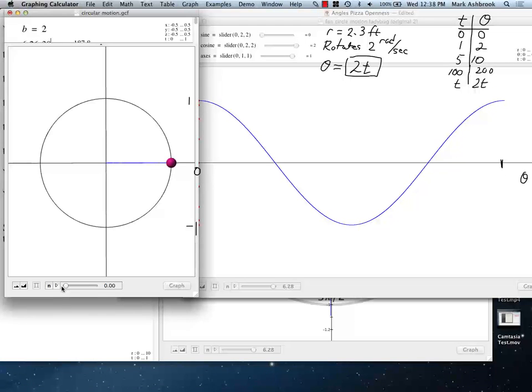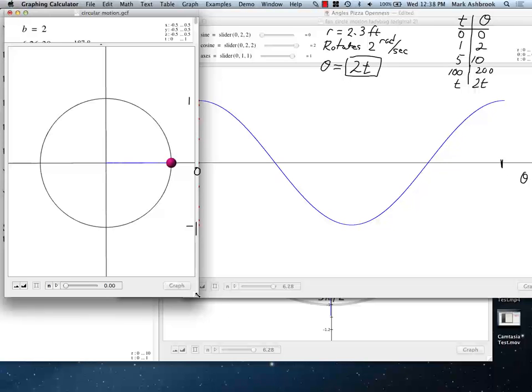And then okay. What's that? No, what angle is our input into cosine or sine? What angle?